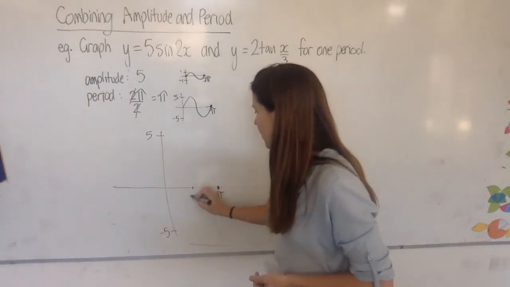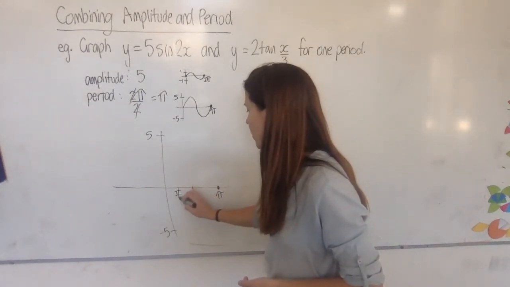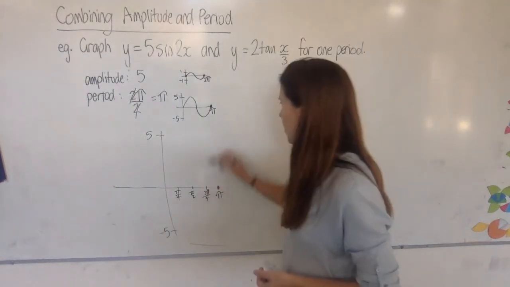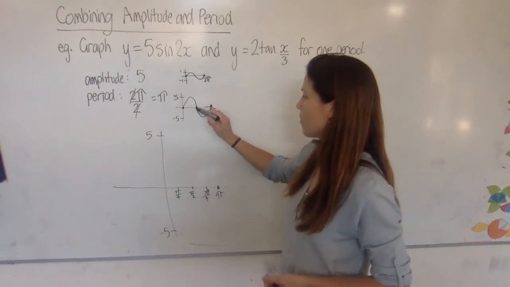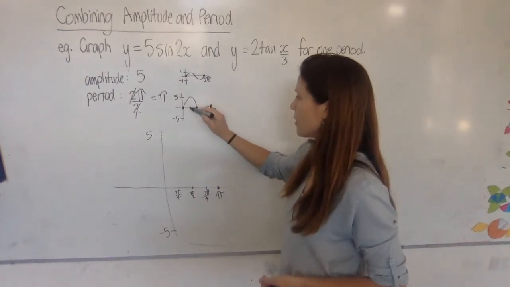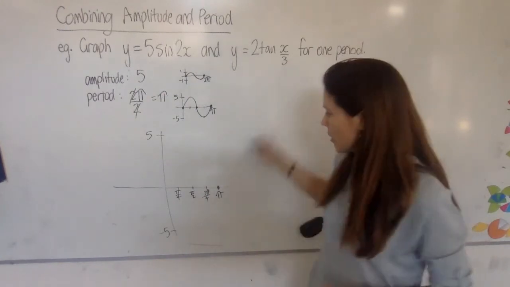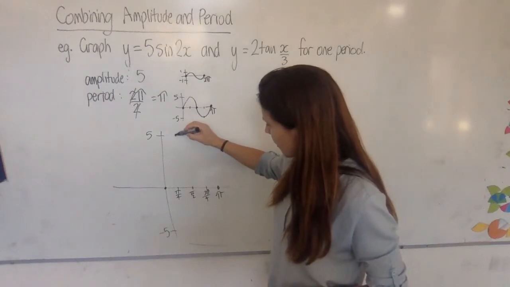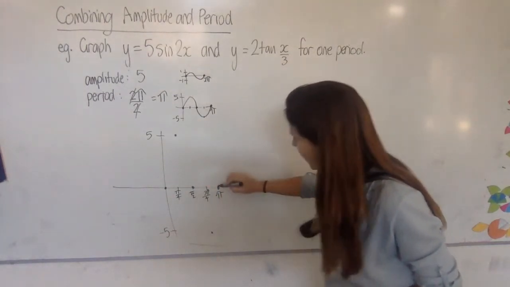So I've got pi, I'm going to need pi on 2, and I'm going to need to find pi on 4 and 3 pi on 4, because I know that in my graph, my points of interest are the start, the halfway point, and then my top point is a quarter of the way, and my bottom point is 3/4 of the way along the cycle. So that way I can think, well, I'm going to start here, and then I'm going to go up, I'm going to go down, and then I'm going to go all the way down, and then back up again.